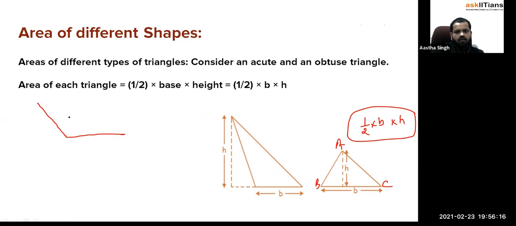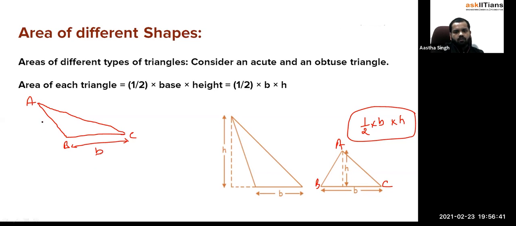An obtuse angle triangle is just having any angle greater than 90. So if A, B, C is your triangle, right? Suppose BC is the base B. What I have told you is that height is the perpendicular distance from the opposite vertex to the base.